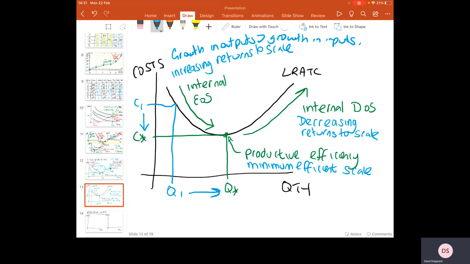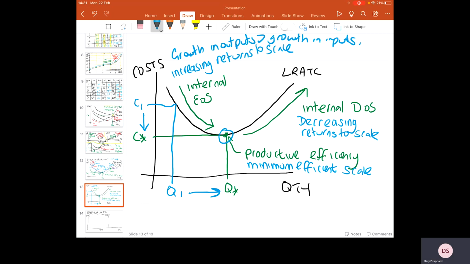So this growth in efficiency and the cost benefits of this are what we call internal economies of scale. When the firm gets to Q star, they're working at lowest long-run average total cost. They're being productively efficient. But then after that point, we'll see that long-run average total costs start to increase again.